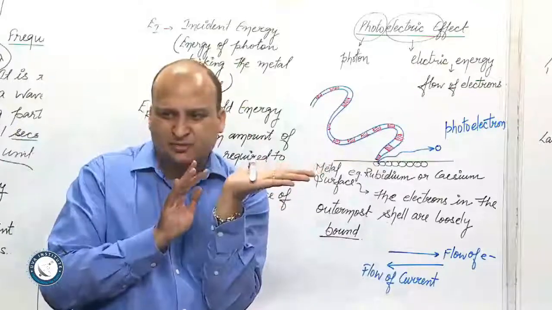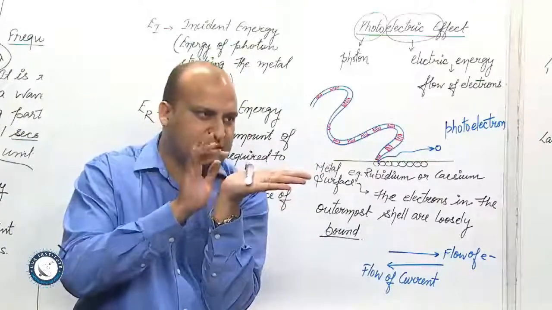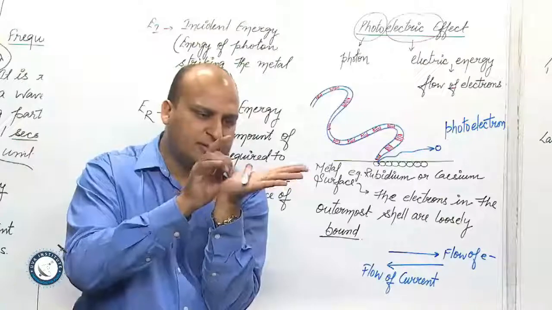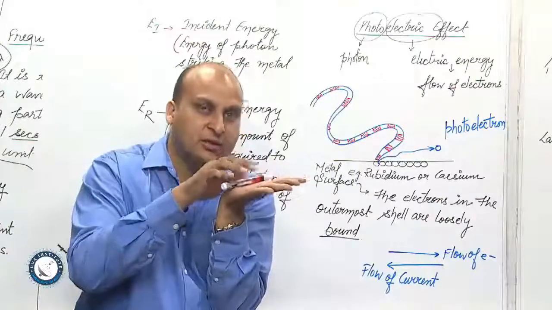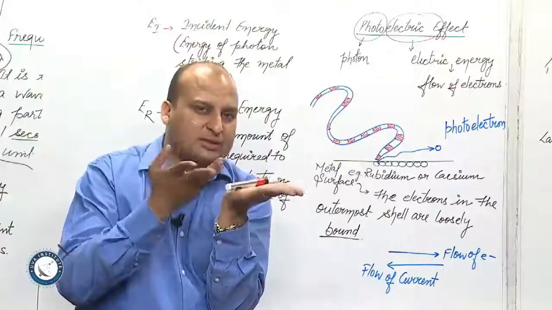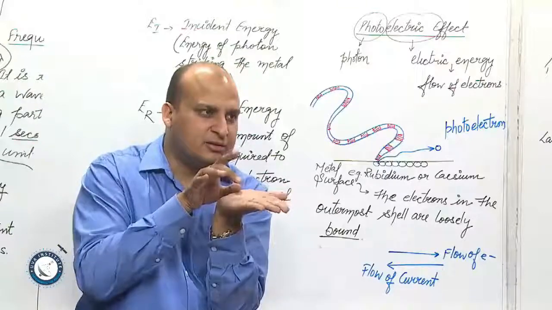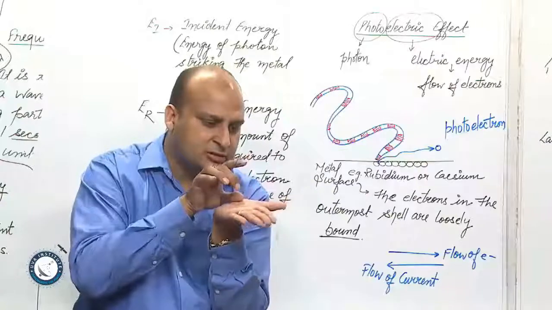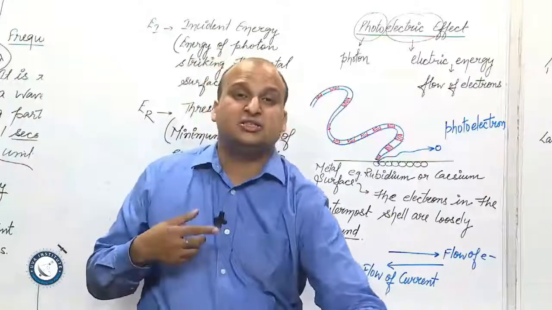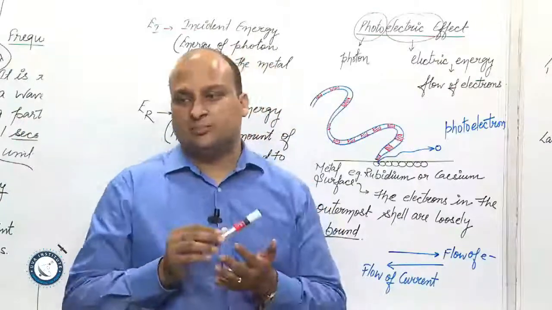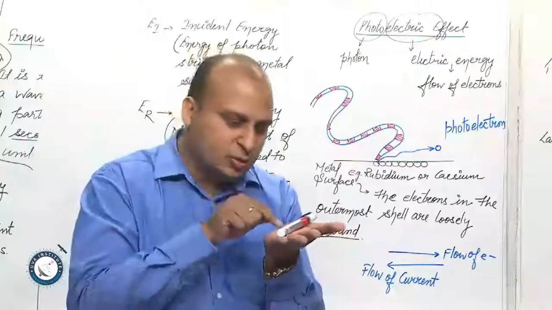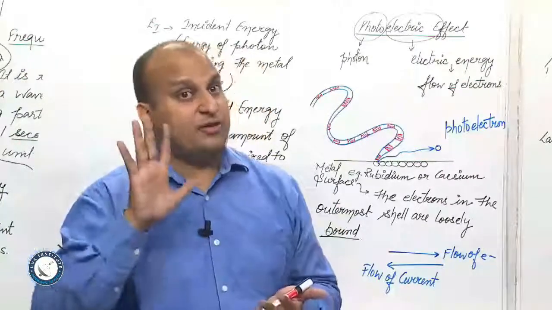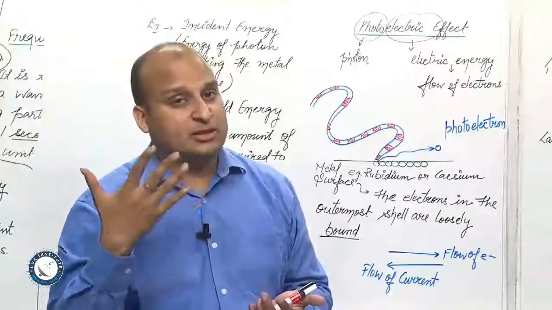See, if I just have to remove it from the surface, I have to apply this much energy. Now what is happening when I am applying extra energy? Tell me. My extra energy is changing into what? Suppose 1 joule is required to remove it and I give 5 joules. So what will happen to the remaining 4 joules?